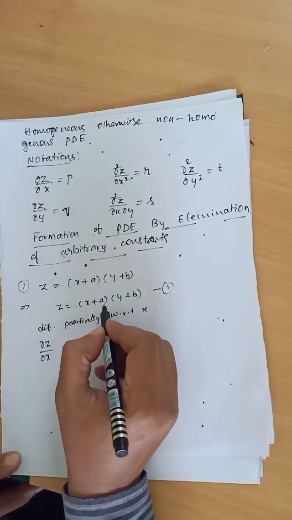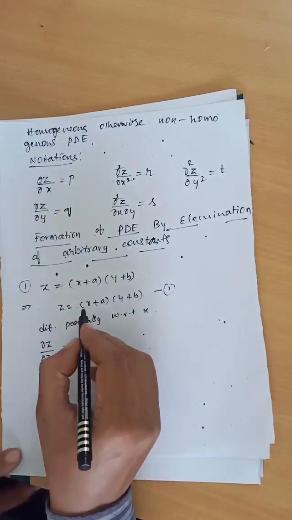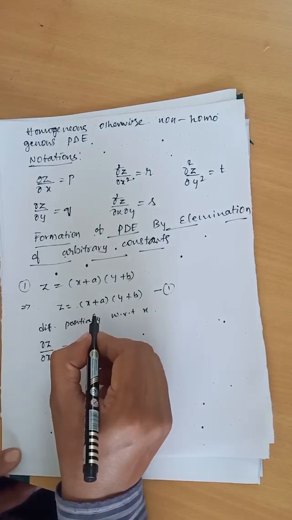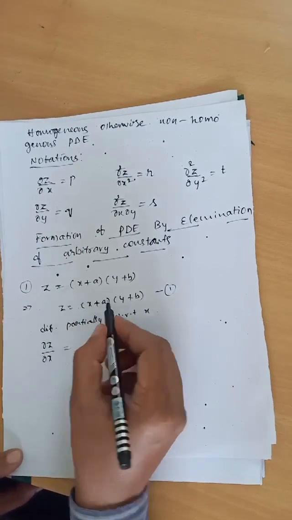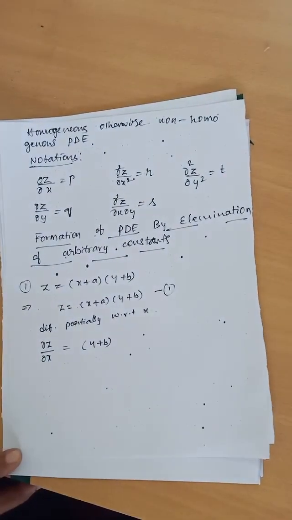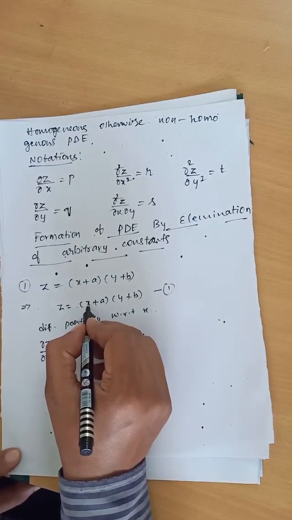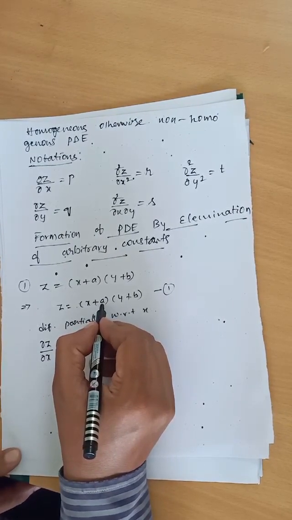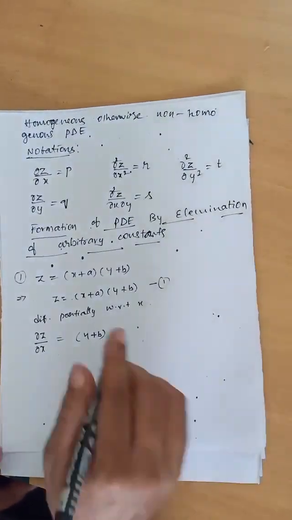Because x plus a is there, with respect to x the derivative of x is 1, plus the derivative of a, a constant, is 0.